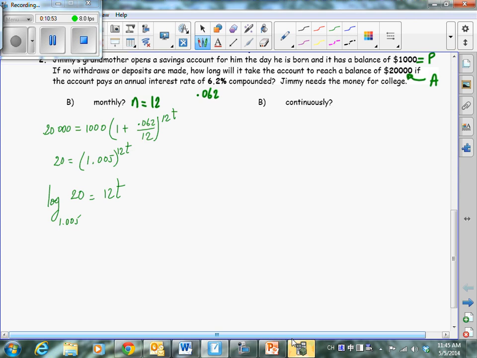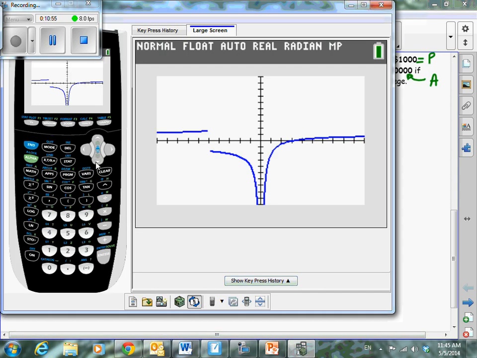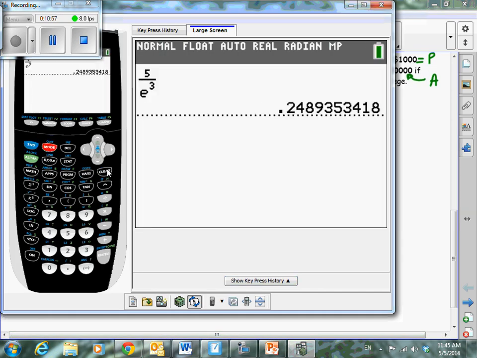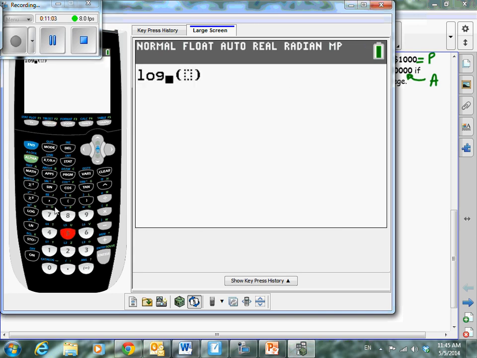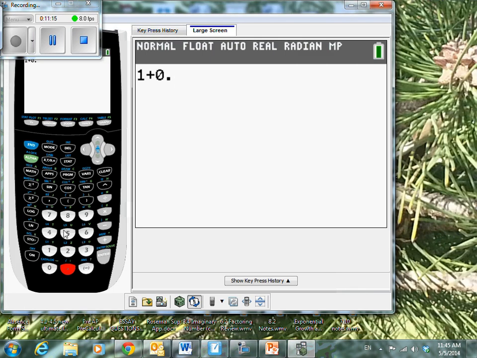Okay. Look how I put this on my calculator. So I will start by alpha, window 5, and before that, it was 1 plus what? 0.062 divided by 12.